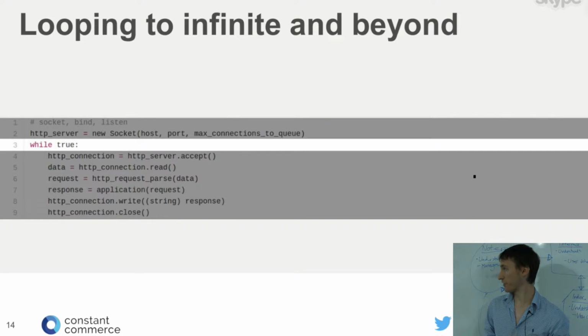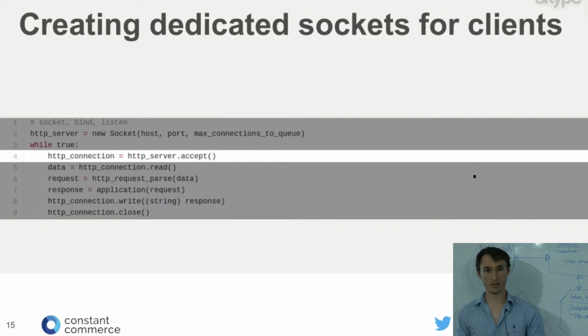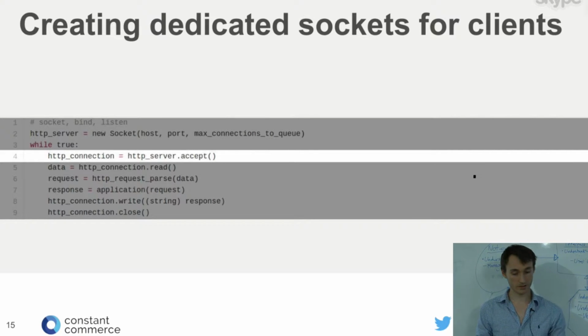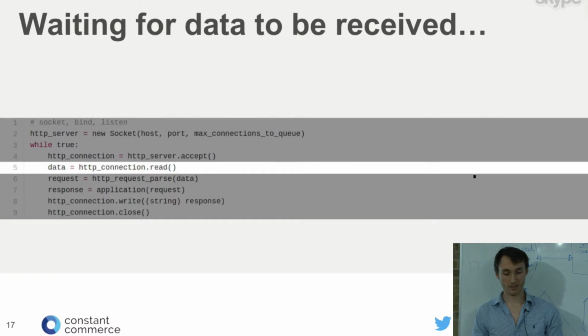To do that, you start an infinite loop, and in it you accept new clients. When you call this system call accept, it's going to take the first client in the queue and treat it. So you get a specific socket connection for this client, and that unqueues it. So it allows you to avoid errors, right?